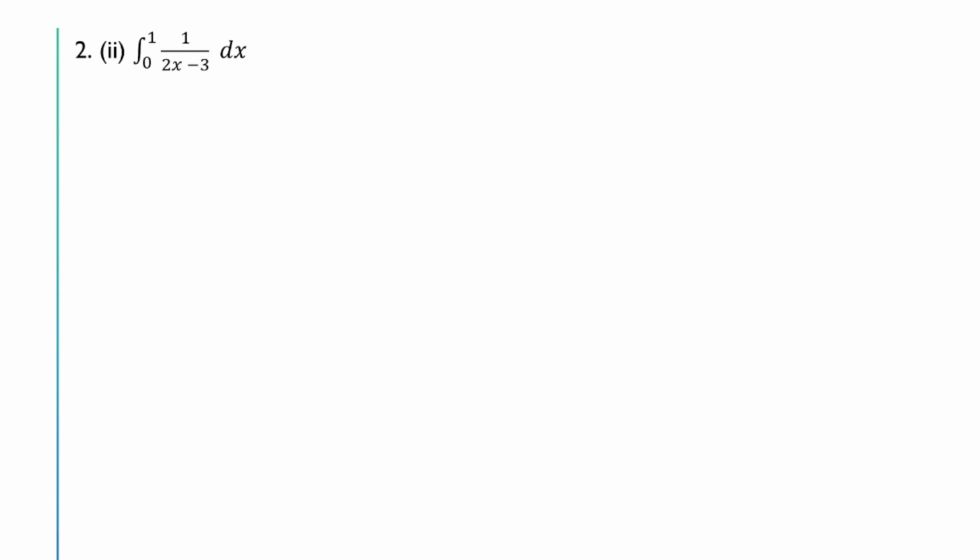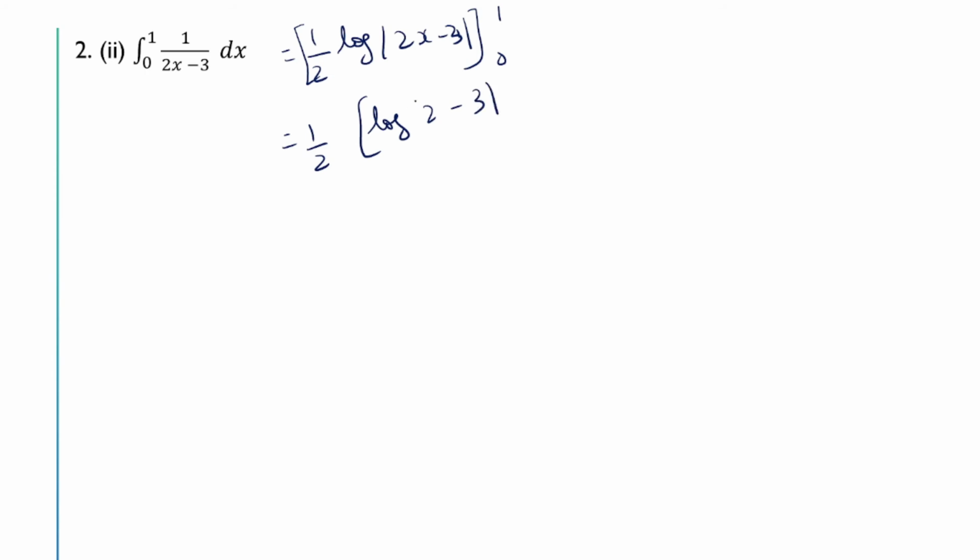Next question, integral from 0 to 1 of 1 by 2x minus 3 dx. Now we know the integral of 1 by 2x minus 3 is log mod 2x minus 3 divided by 2. So that half I am writing here with the limits 0 to 1. So this half can be taken outside. Now substituting the upper limit, it is log 2 minus 3 minus log 0 minus 3.